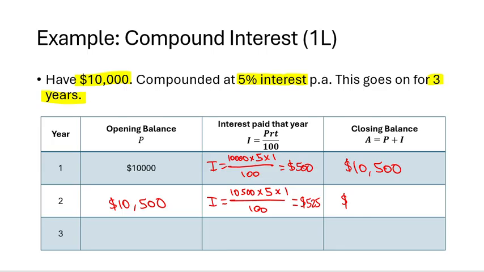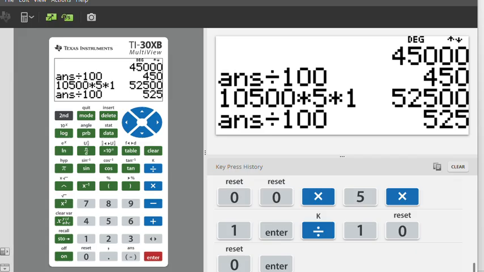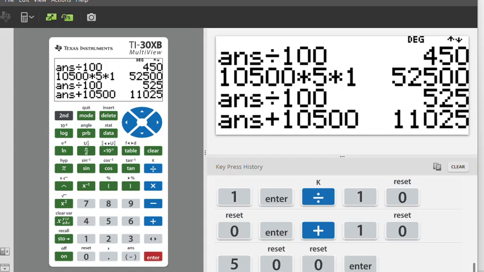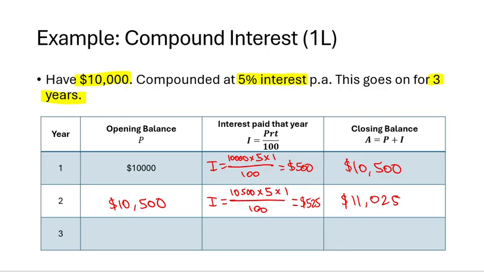So what I'm going to do now is add this $525 to 10,500. So that will give me $11,025 if I'm correct. Now that we've finished the second compounding period, this will now become my new principal. And I'm just going to do the same thing over and over again.